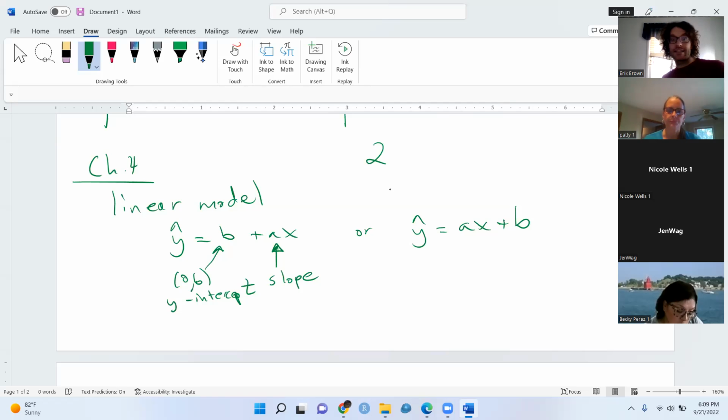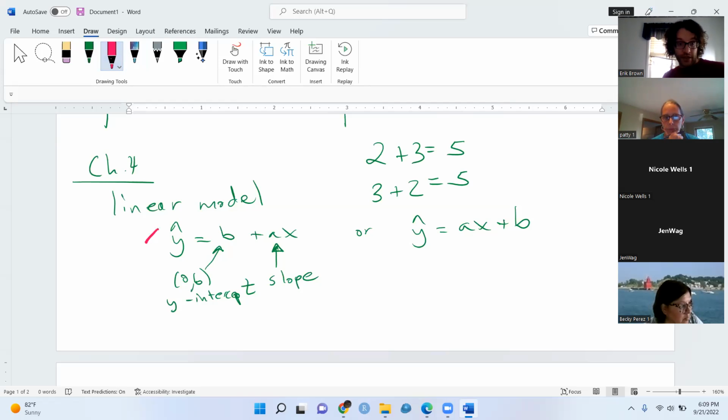The answer to why it's the same thing is, what's the difference between 2 plus 3 and 3 plus 2? Which number came first is the difference, but the result is the same, right? So the order we add things doesn't matter. And I did this on purpose. I wrote it this way because StatCrunch always writes it this way.